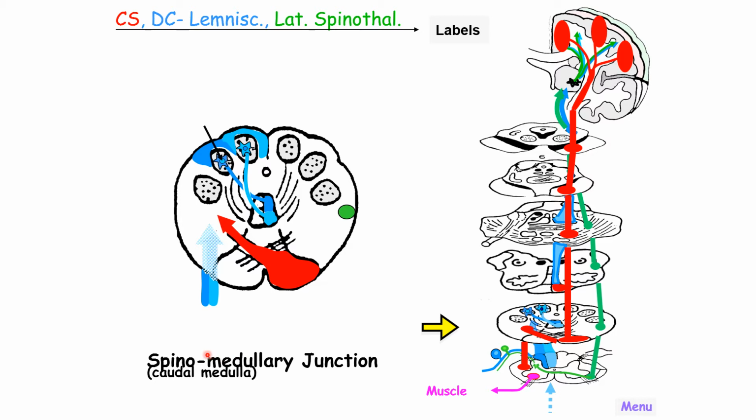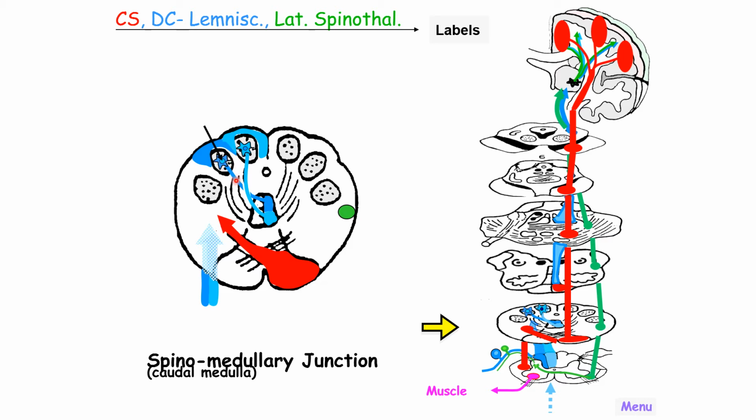As we come up to the spinomedullary junction, we see the pyramid at the base of the spinomedullary junction. Fibers will cross across the midline at that level, and also fibers for the medial lemniscus begin at this site, because the dorsal columns have come up and synapsed at this location for the nucleus gracilis, for the leg, and the nucleus cuneatus for the arm.